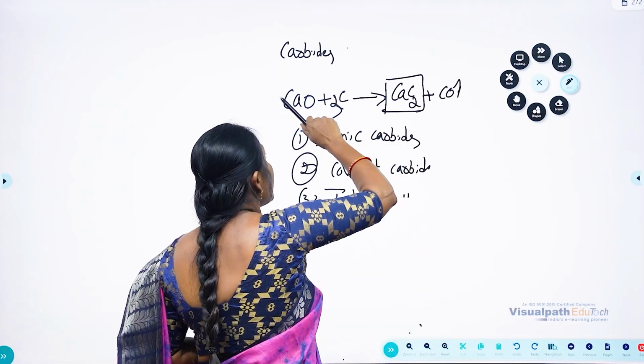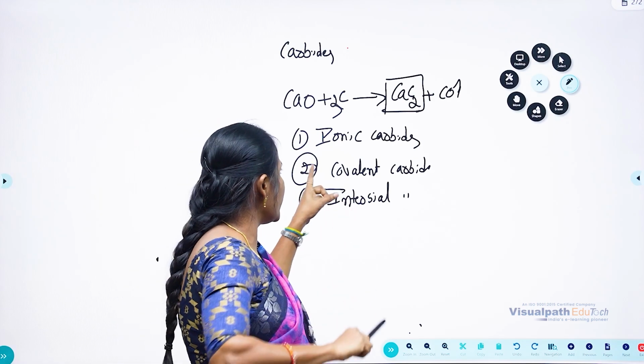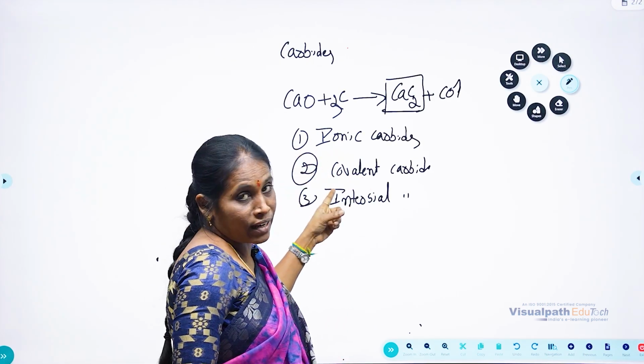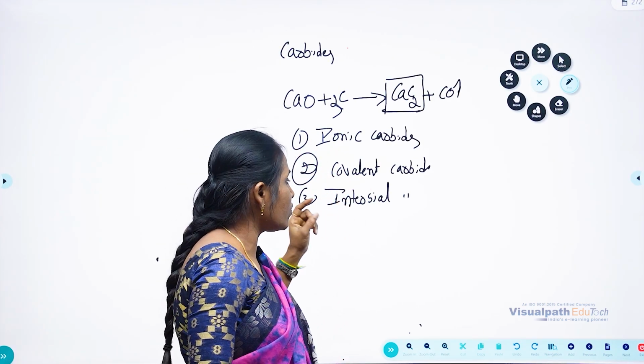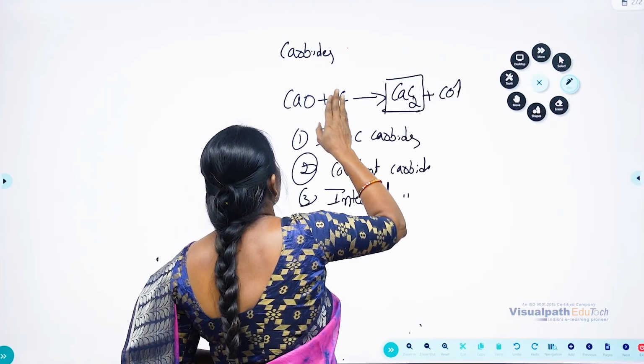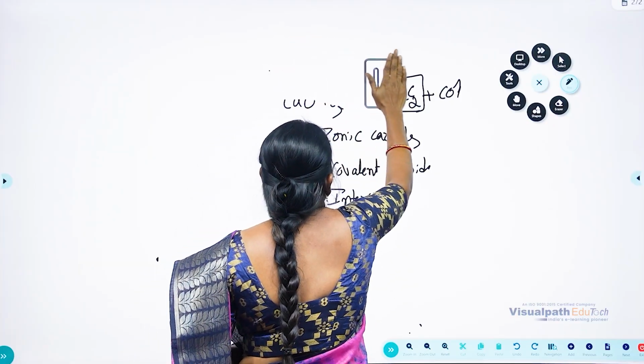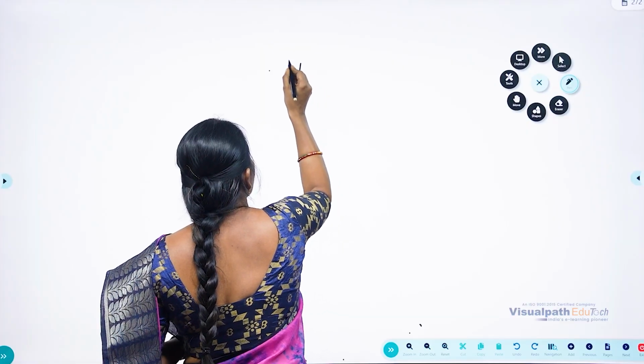Okay, these carbides can be classified into three types: ionic carbides, covalent carbides, and interstitial carbides. So now first we see the ionic carbides.